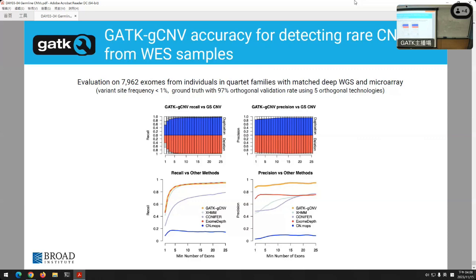Okay, so I'm going to turn around so I can project. GCNV in cohort mode only requires around 100 samples in order to effectively train the model. So we recommend somewhere around 100 to 200 samples for cohort mode to train your model, and then you can apply that on as many well-matched samples as you want in case mode.